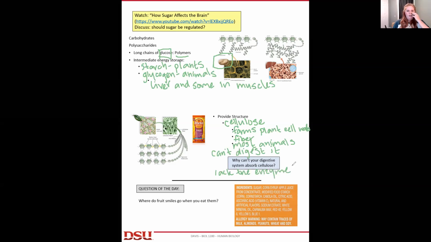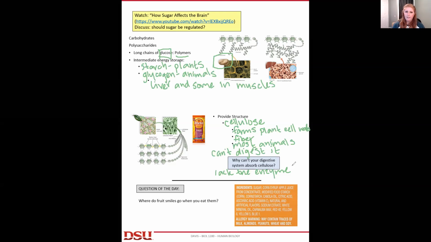Okay. What about cows and sheep and other ruminating or grazing animals? They eat that, right? They eat grass. So the thing with them, they're actually not breaking cellulose down on their own. They don't have the enzyme to do it either.